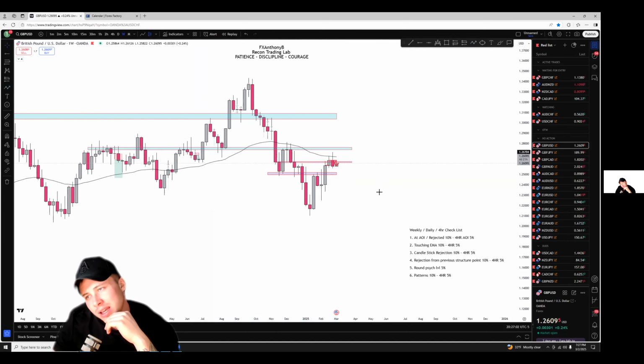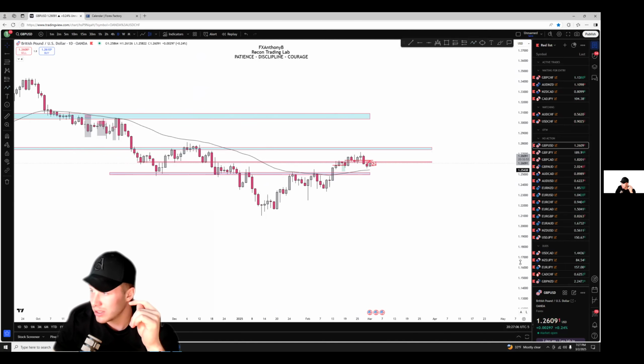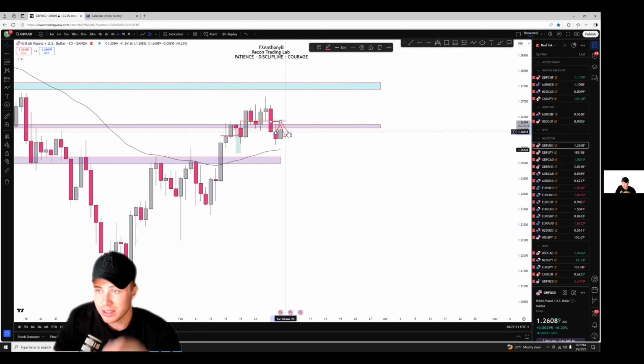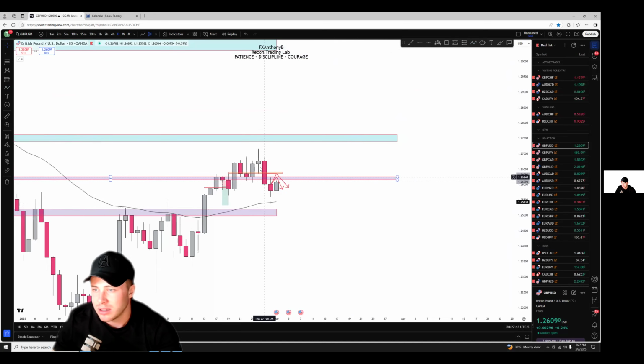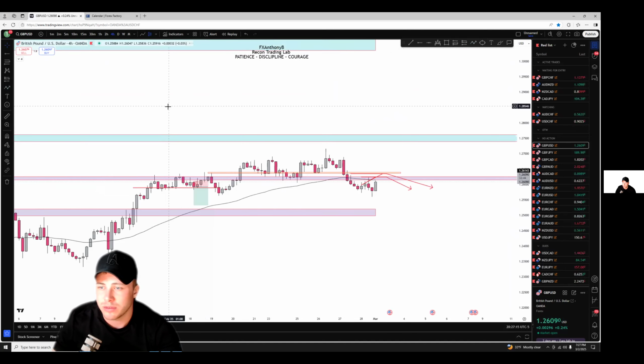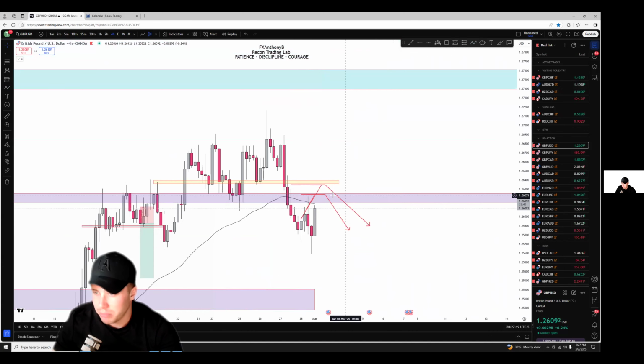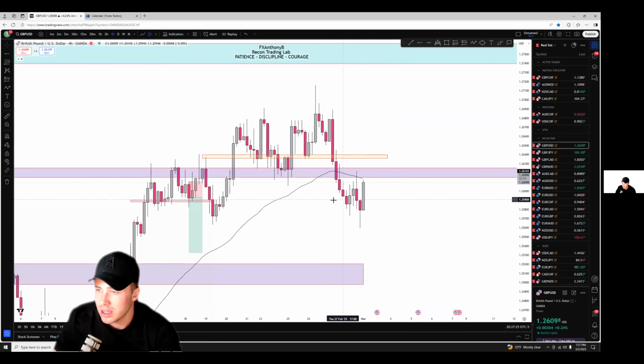Weekly is bullish. Daily. Okay, what do we see here? We have a head and shoulders on the daily. Okay. So weekly, daily and 4 hour are both bearish. And my drawings last week look like we want sells, and I think I still want sells actually.